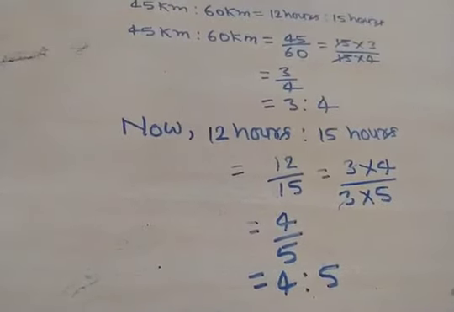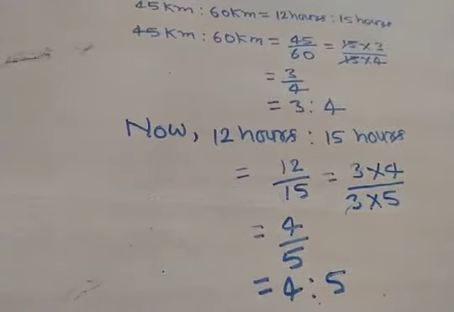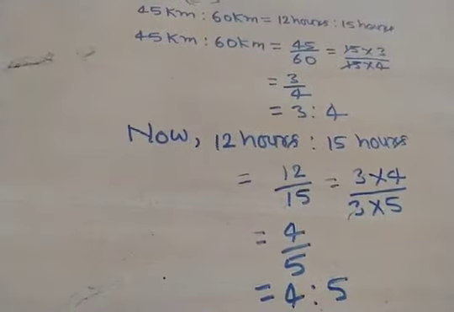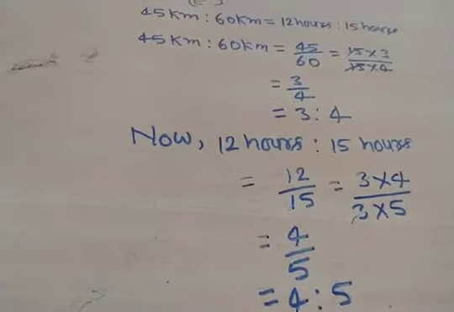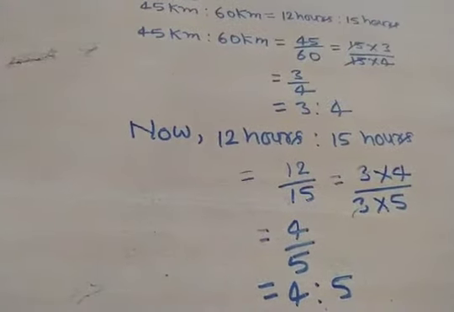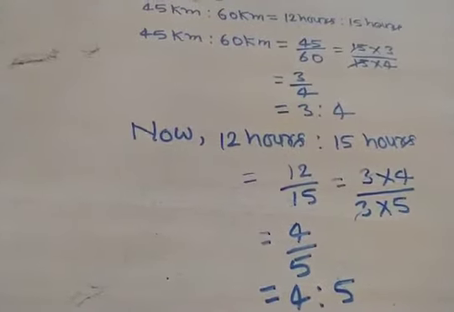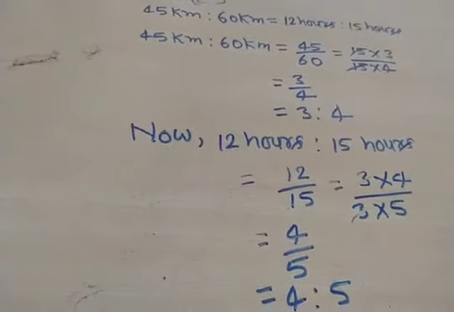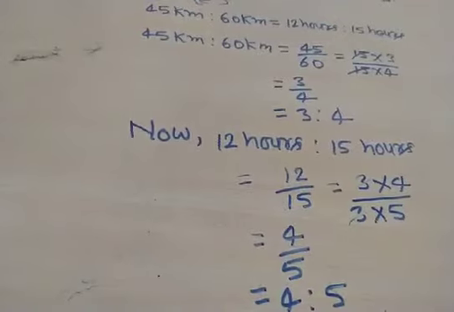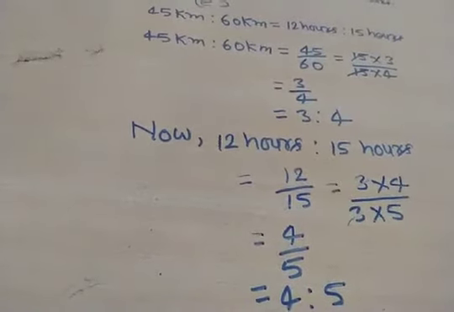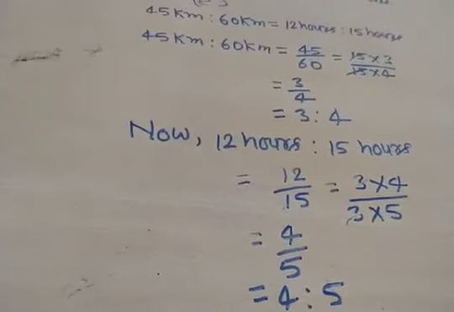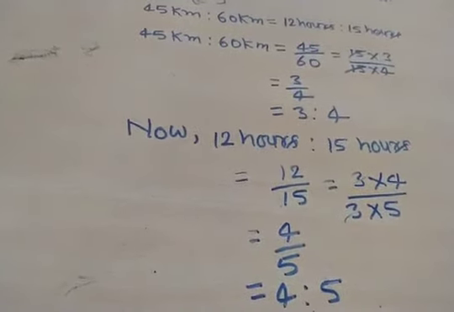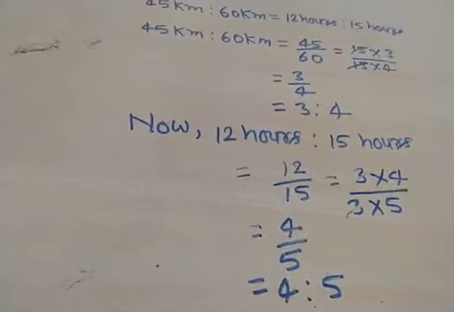Okay, so if you compare here, 45 kilometer ratio 60 kilometer, the simplest form of this is 3 ratio 4, but on the right hand side 12 hours ratio 15 hours is equal to 12 by 15. So we can write 3 into 4 is 12, and 3 into 5 is 15.